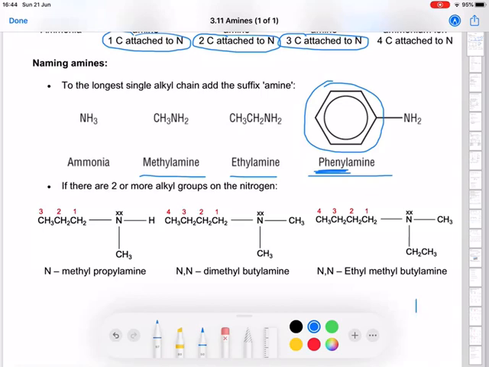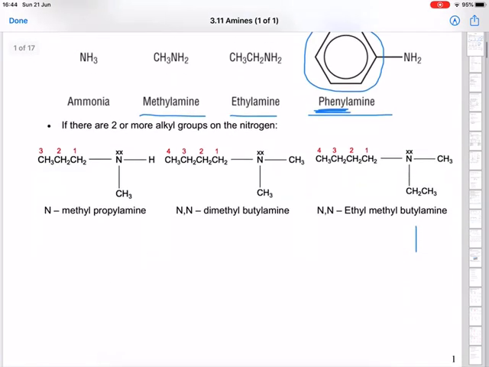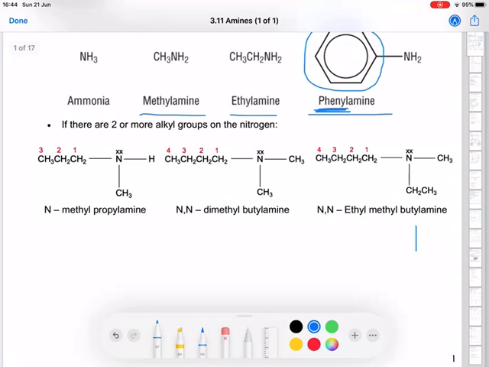When we've got multiple substitution in these, such as these three down here, we use the N as we've used when we did this in the derivatives of the carboxylic acid. So on the nitrogen here, I've got a methyl group coming off it, so that's N-methyl.